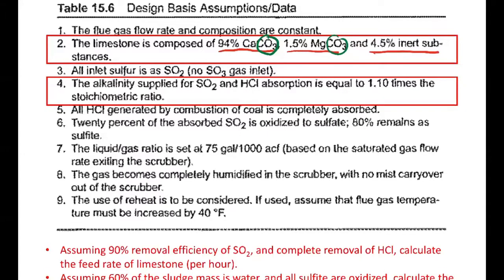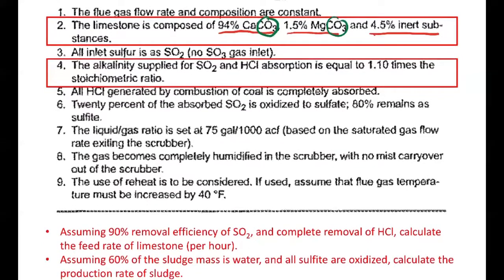The second point is that generally we'll provide more limestone into the system, which is 1.1 times the stoichiometric ratio, right? Basically, we'll provide 10% more limestone into this scrubber so that it can more completely react with acidic gases, right?